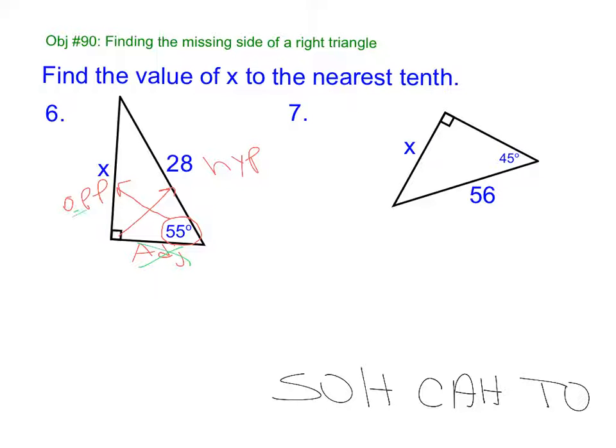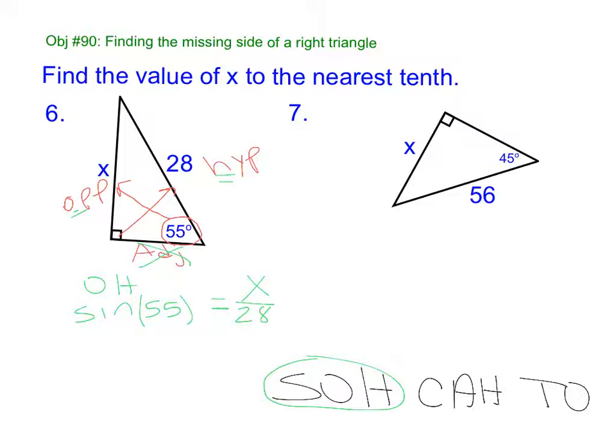I have my O and I have my H. Which trig ratio involves O and H? That's your sine. So we're going to do sine of the angle, my angle is 55, equals opposite over hypotenuse.